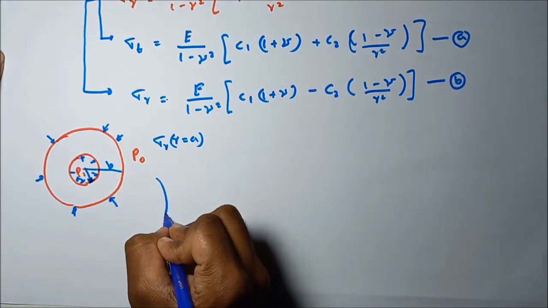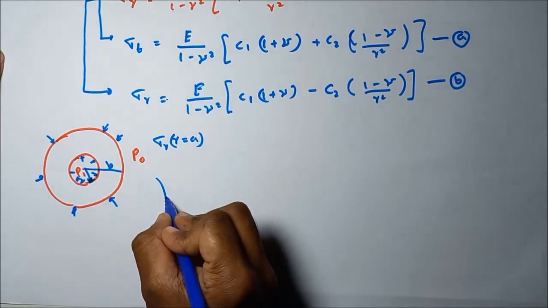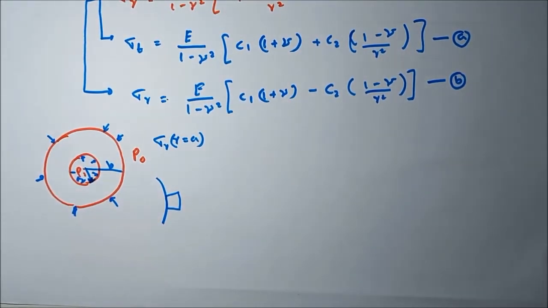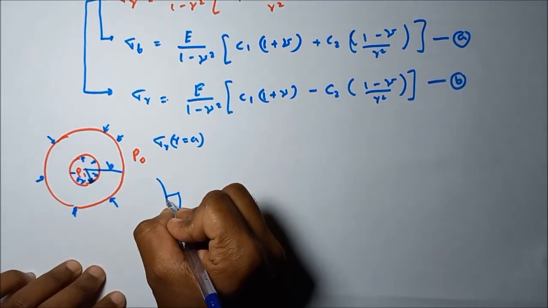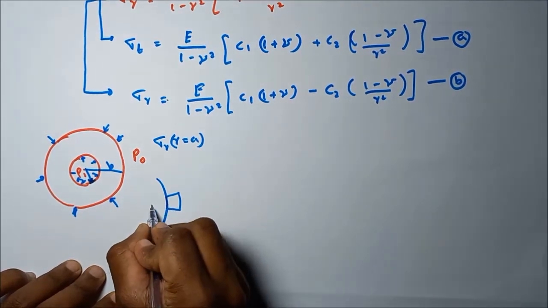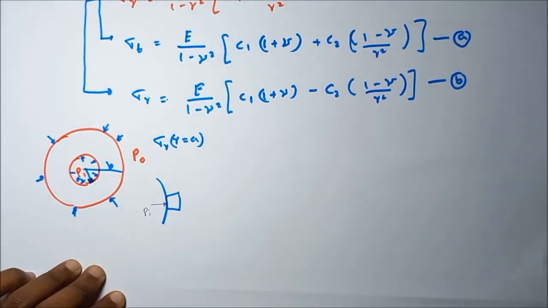If we take the inner surface, this is the inner surface. What is the stress acting on this inner surface? If we take the stress element on this face, what is the stress acting? The stress means the pressure, no? That means the force per unit area, that means the pressure. This is open to the inner, so the pressure on this surface is equal to the internal pressure, Pi.